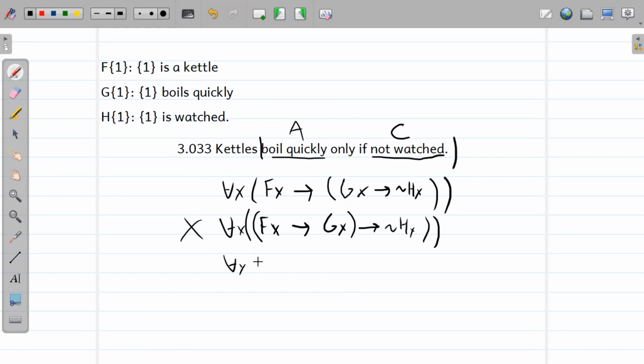What we could have done is Fx and Gx, then not Hx. Right? Because we're saying if something is a kettle and it's boiling quickly, then it was not watched. Yeah?